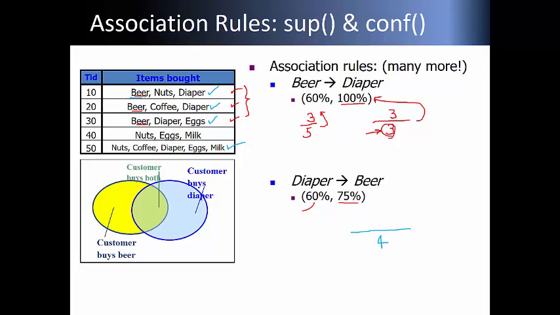So I have beer, beer, and beer. That's it, right? So 3 out of 4. Confidence. Understand?